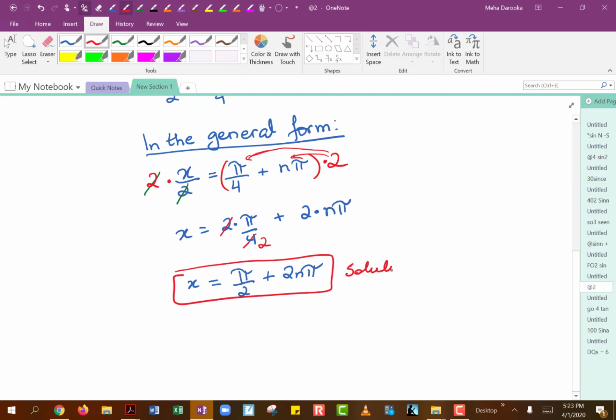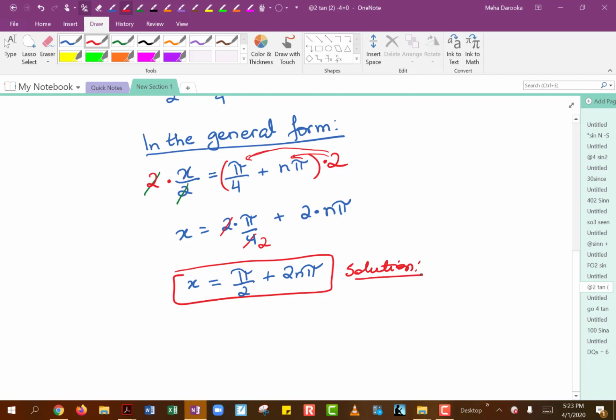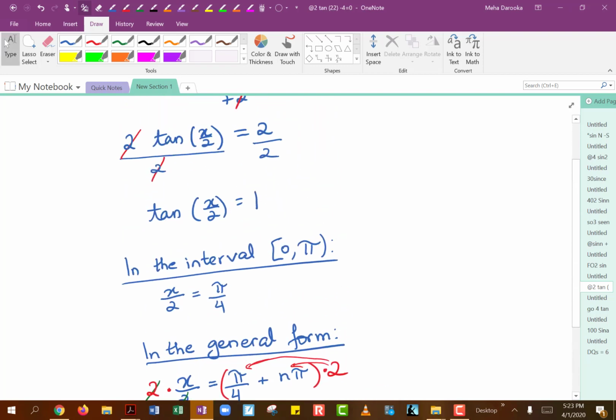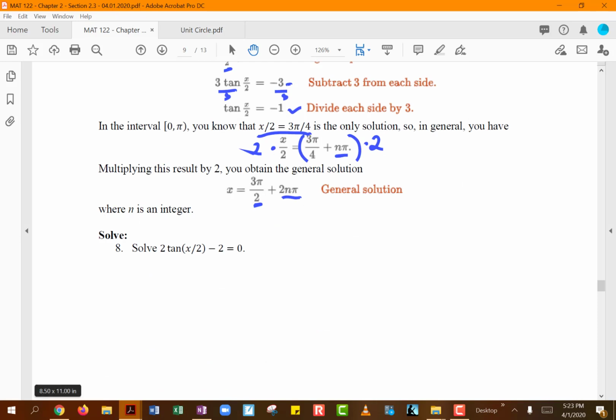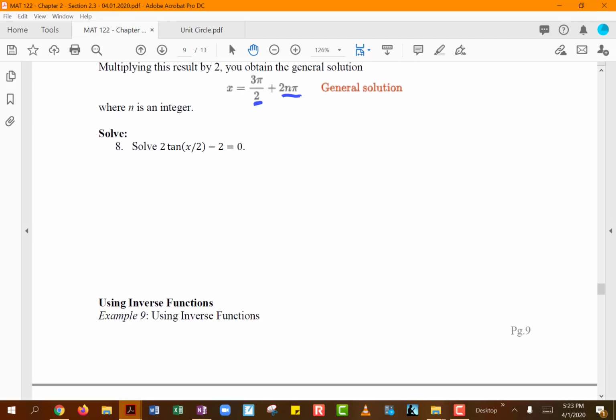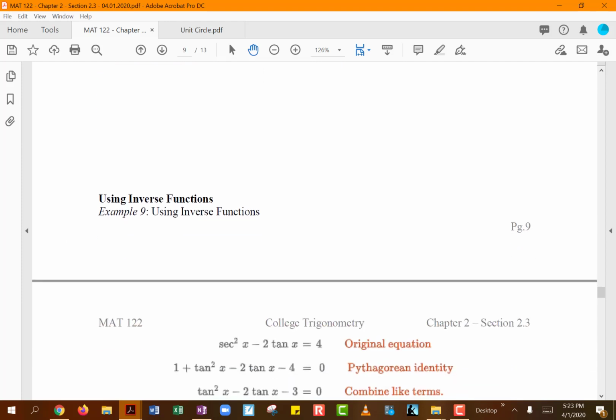This is our solution for this equation. So it's not too bad once you actually figure out how those multiple angles work out. But when you first look at them, it kind of seems like, ooh, I don't know how I'm going to solve those. So look through those examples, and then of course look through your homework and let me know if you have any questions regarding any of these, okay?